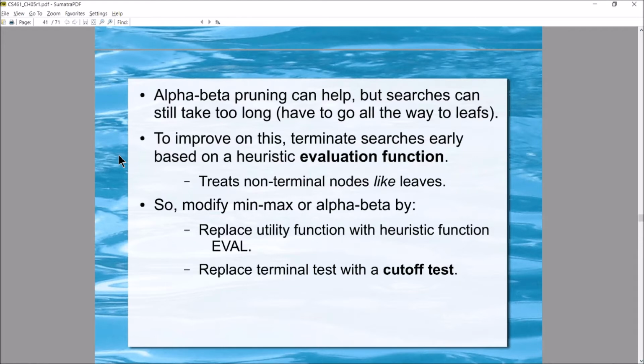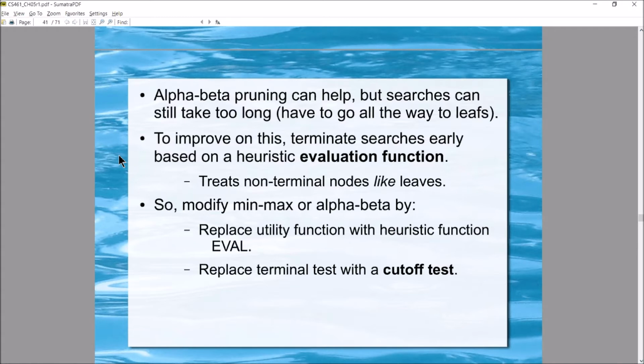Sure, you're pruning some of the subtrees, but for the subtrees that you don't prune, you're still going all the way down to the leaves to evaluate if it's a terminal state, and then figuring out what the utility value is, and all that kind of stuff.